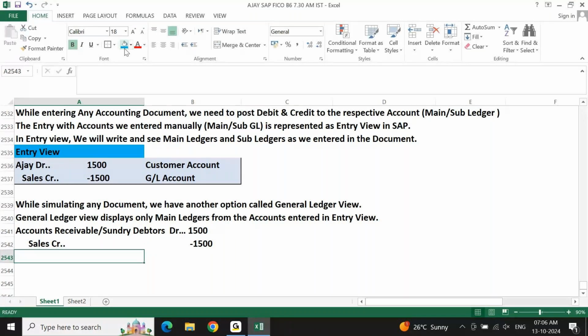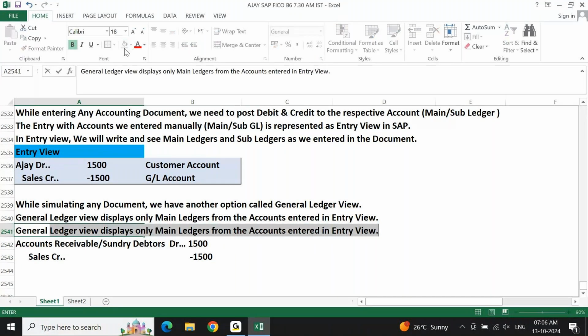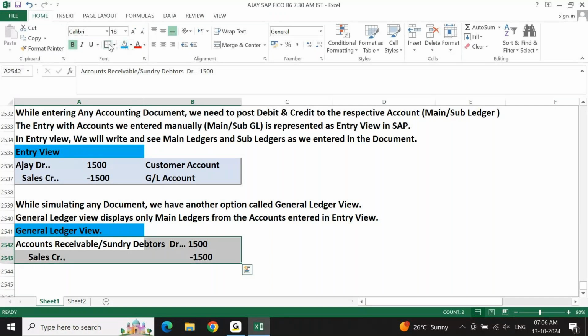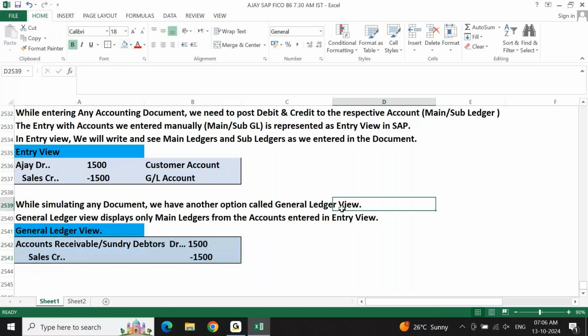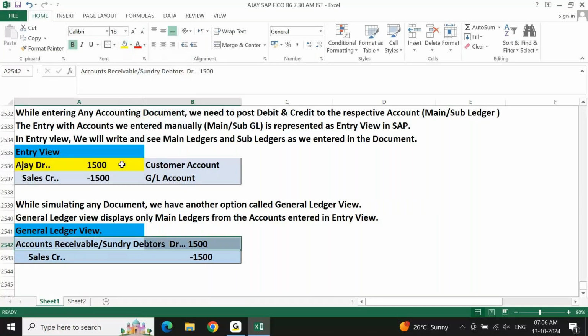Any change in this account? This is your general ledger view. Any change in this accounting entry or it is exactly the same? Look at this debit.